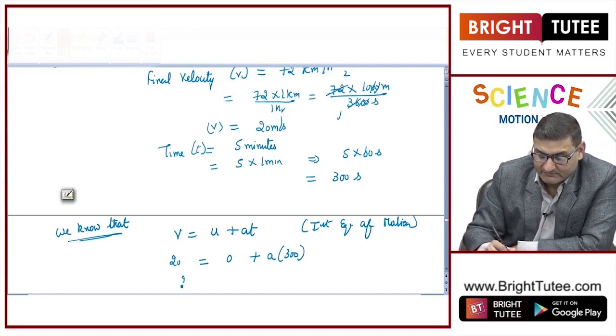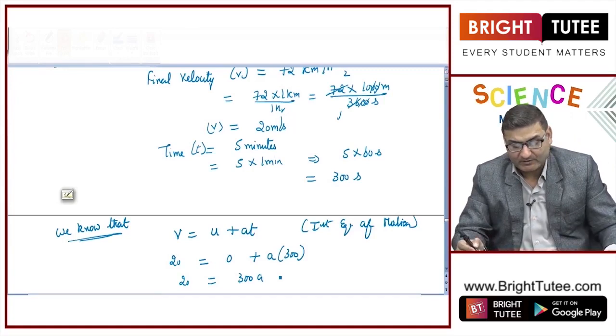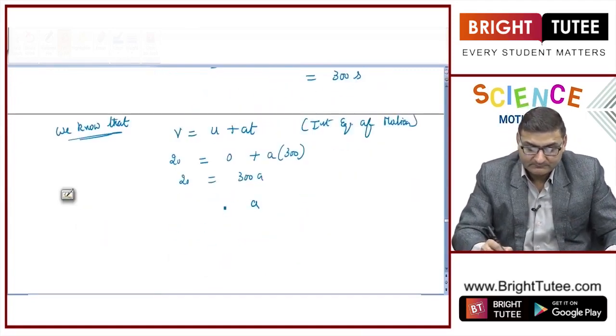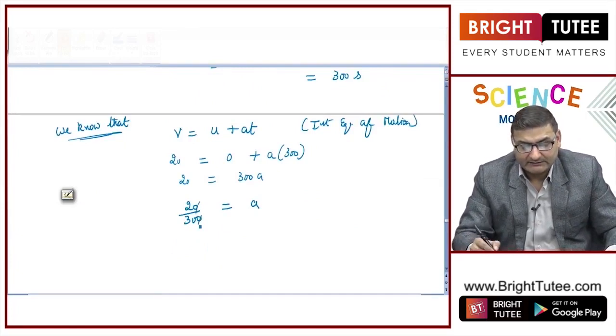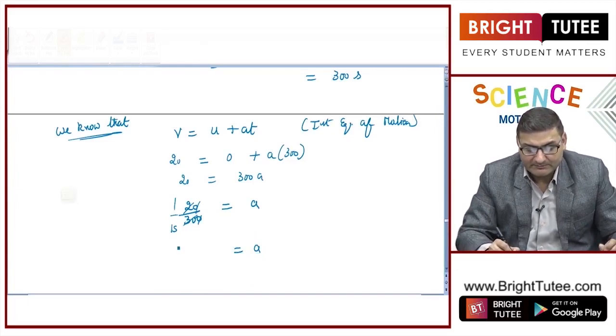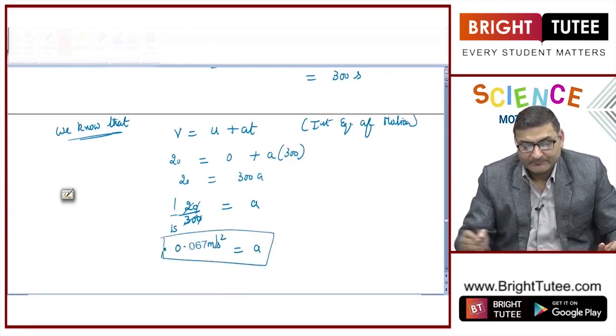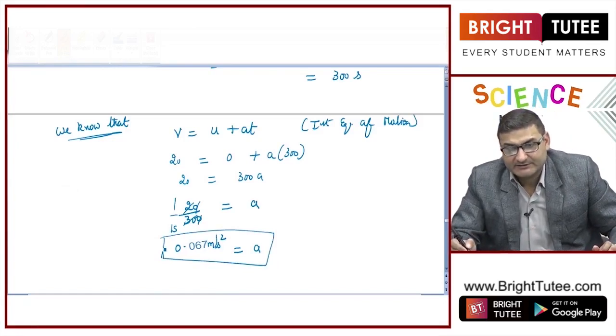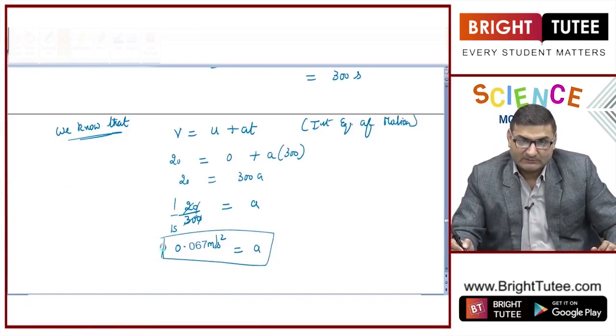So, I will write 20 is equal to 300 a, or a is equal to 20 by 300. Cancelling it out, it will be 1 by 15. So, acceleration will be approximately 0.067 meters per second square. This is the acceleration. Got it?